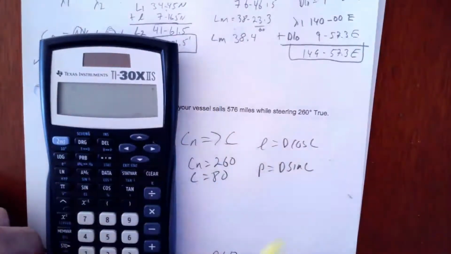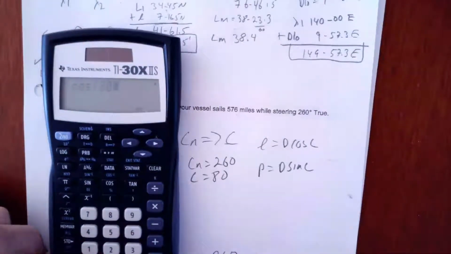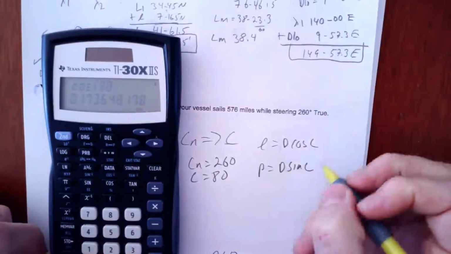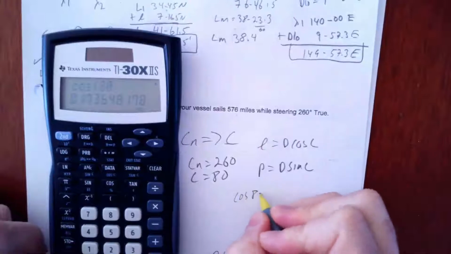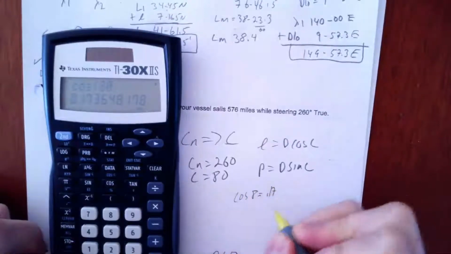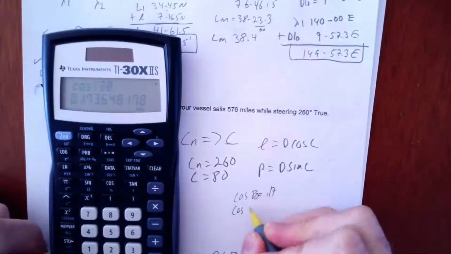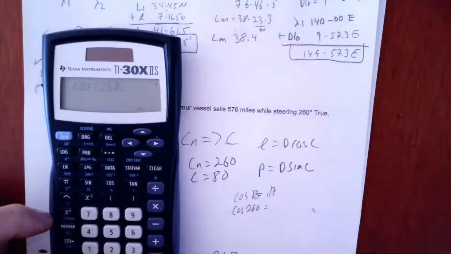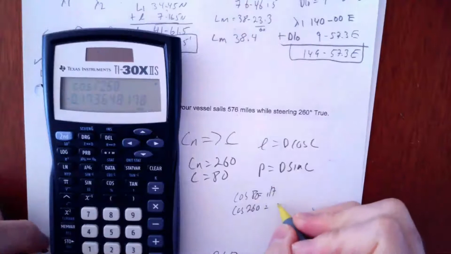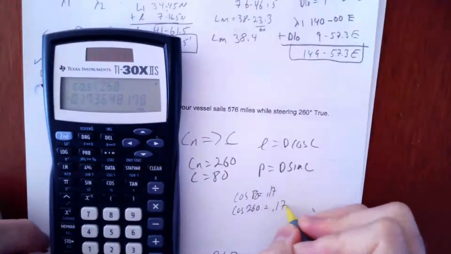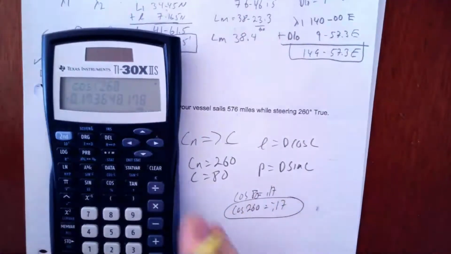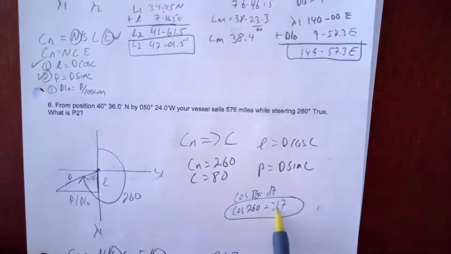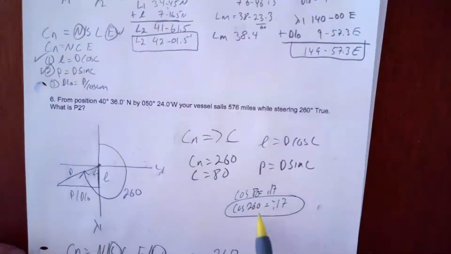Cosine 80 is 0.17. Cosine 260 is negative 0.17, okay? So if you stick in the 260, you'll get a negative number.